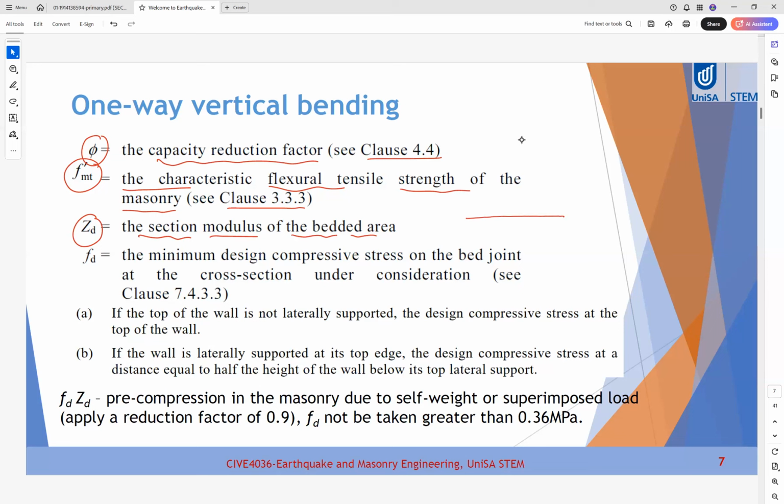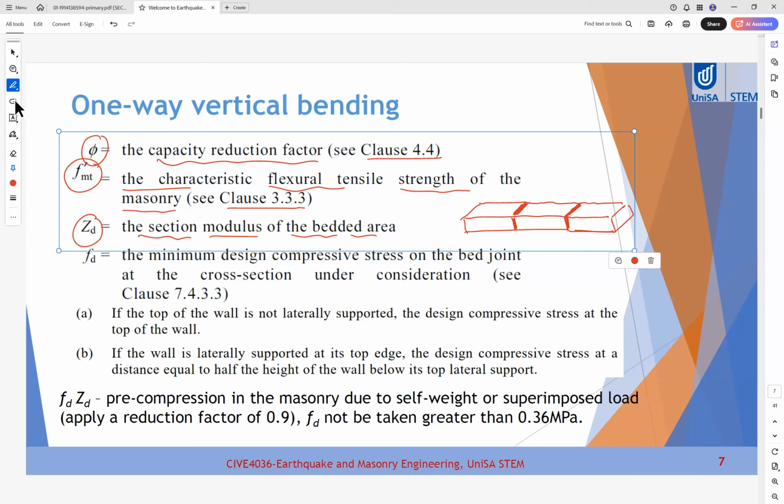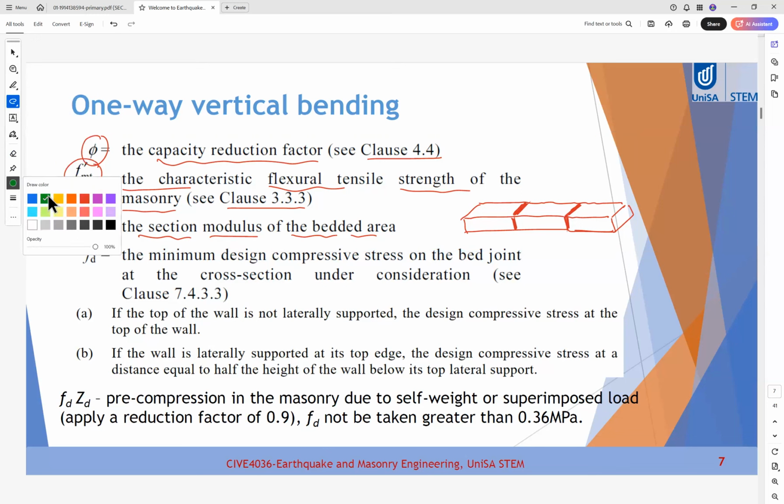So for example, if this is our bricks, let's see it in 3D. So we have other bricks as well. So our bedded area will be this area. So this is our bedded area in this case.